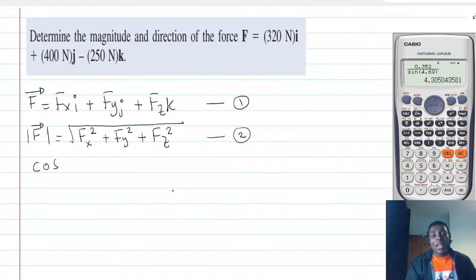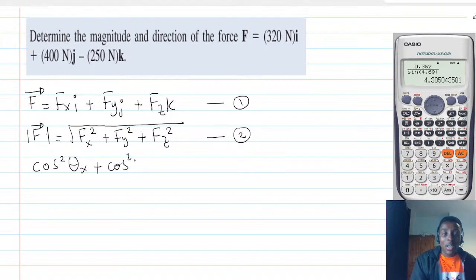When we say directional cosines, it simply means the cosine of the angle along the x, so let me do it this way: cos squared theta x plus cos squared theta y plus cos squared theta z should always be equal to what? 1.